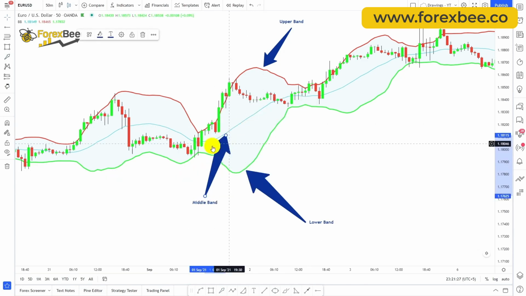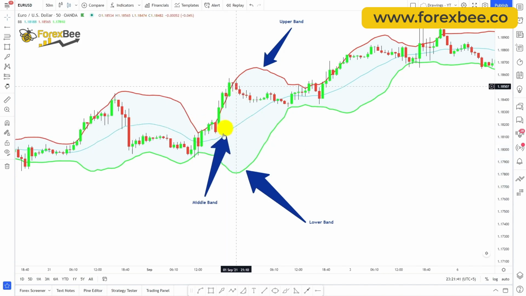So we now know that this middle line is the simple moving average line, and the other 2 lines are the standard deviation of this simple moving average. These upper and lower bands act as dynamic support and resistance.